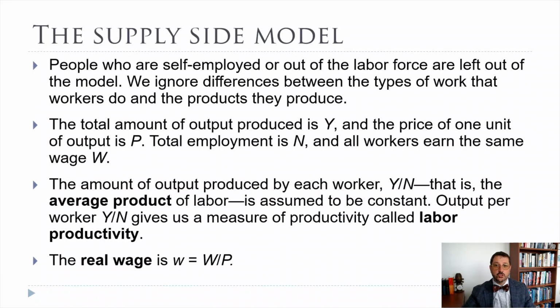All right, so let's think about our supply side model. So we're going to have a total amount of output produced. Now, keep in mind, the macroeconomy is very complicated. We've got lots of goods and services. We've got millions of people. We've got thousands and thousands of products. We've got lots of different wages. We've got lots of different prices. And we're trying to simplify it into one model.